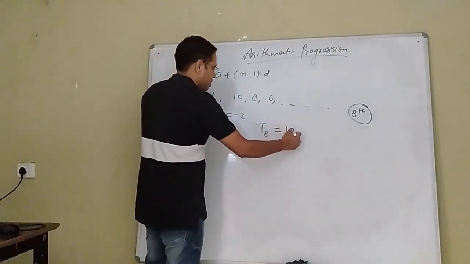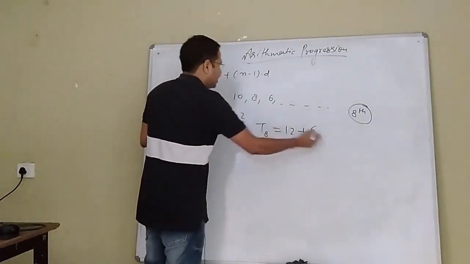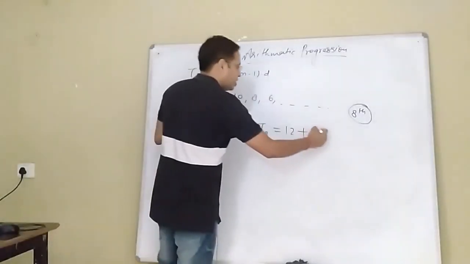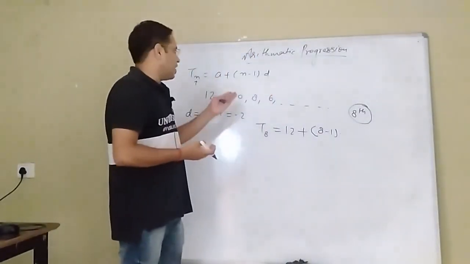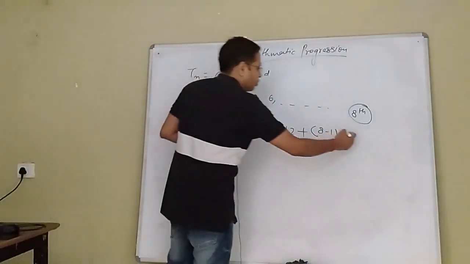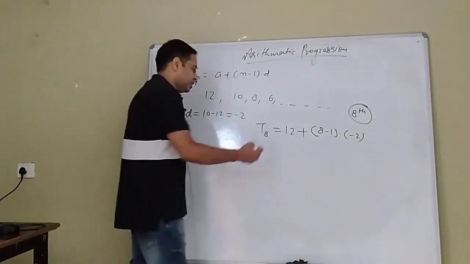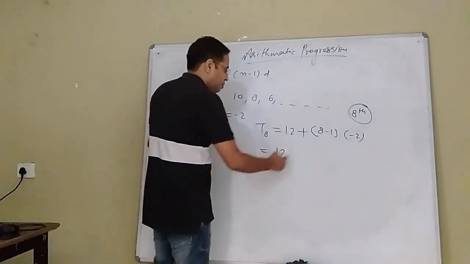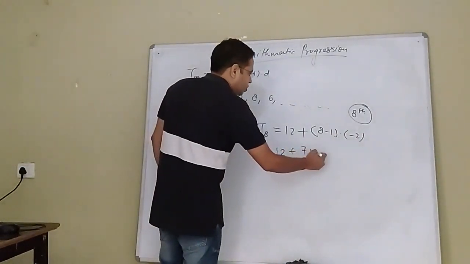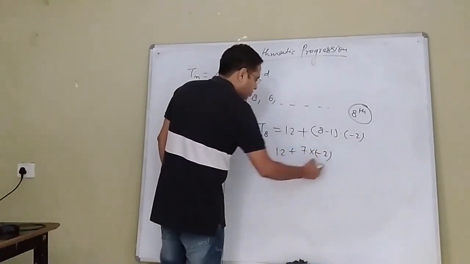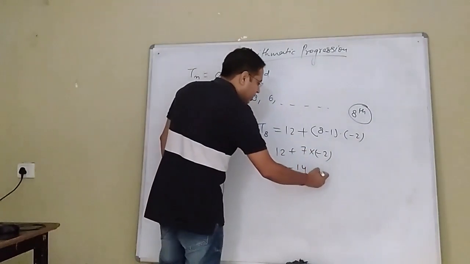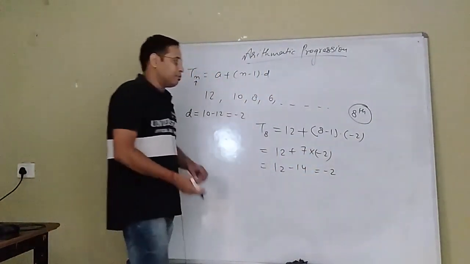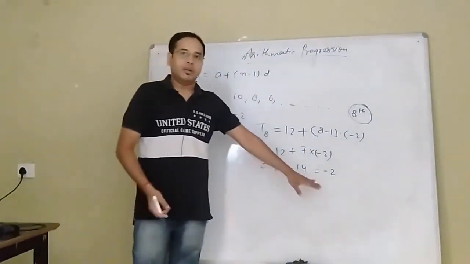It was 12 plus bracket, then the value of n was 8 minus 1, and the value of d, now what is the value of d? d is minus 2. Okay, so let's see what we get. 12 plus 7 into minus 2, 12 minus 14, you will get minus 2. Therefore, the 8th term of the sequence is minus 2.